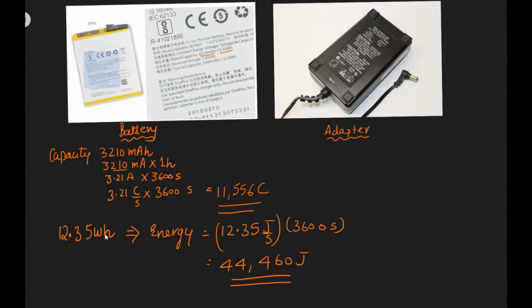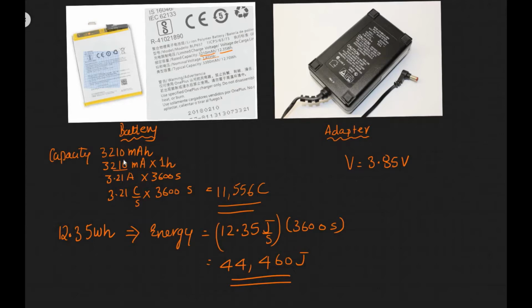If you go further down, you have the nominal voltage. This is the operating voltage of the battery, which is 3.85 volts.